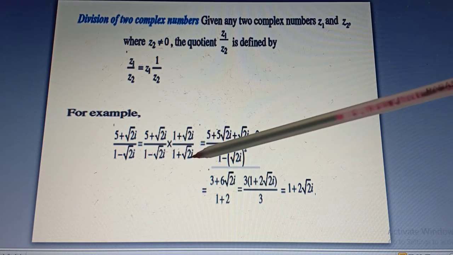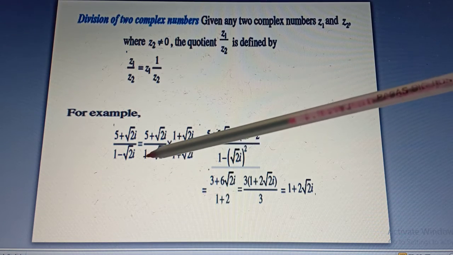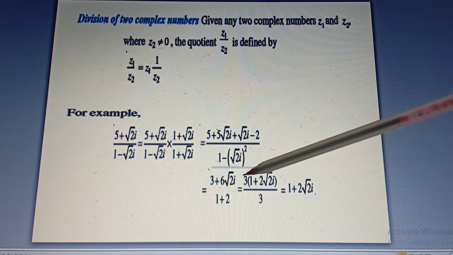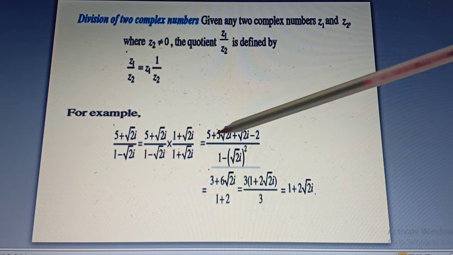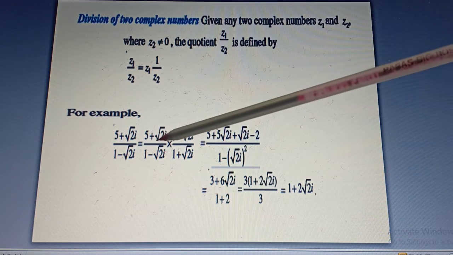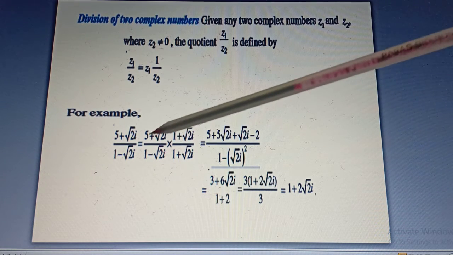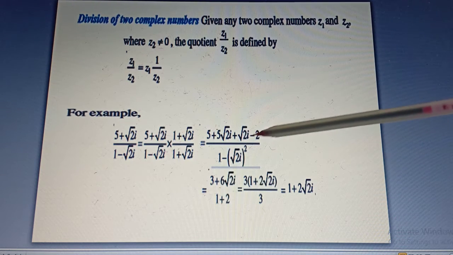So in the denominator it becomes 1 square minus root 2i whole square, a square minus b square. 5 into 1, 5; 5 root 2i; root 2i into 1, root 2i; and root 2i times root 2i is root 2i whole square, and i square is minus 1, so it is minus 2.